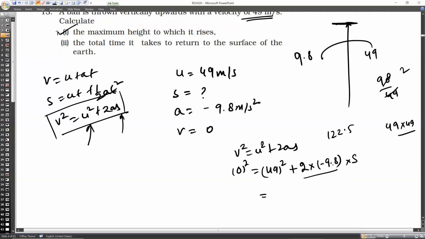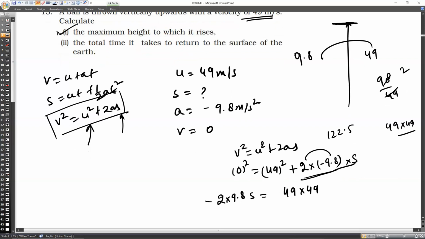What you are going to do is, whatever this value comes when you multiply, this value will be negative. So I'm bringing this to that side, or you can write 2 into 9.8 into S is equals to 49 into 49. This value, whatever comes, will have a negative sign, so when it goes to that side, it will become plus.